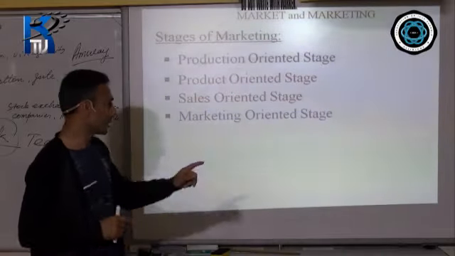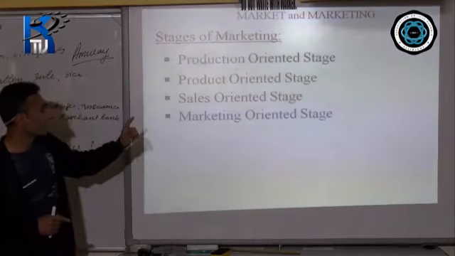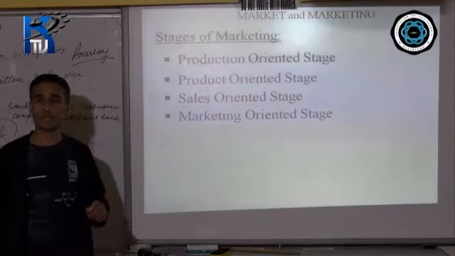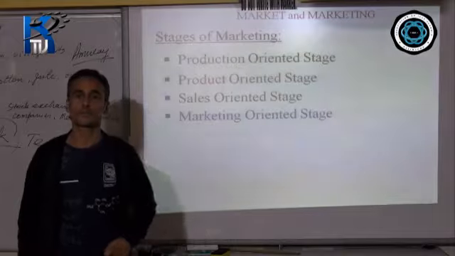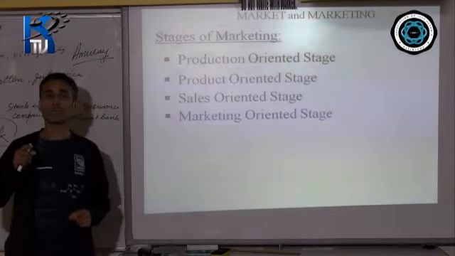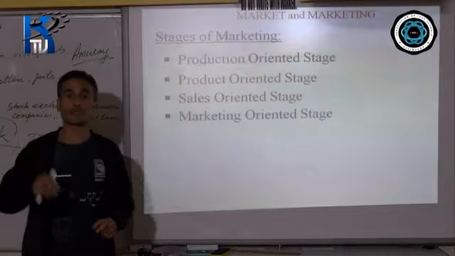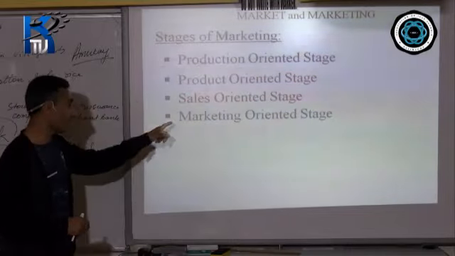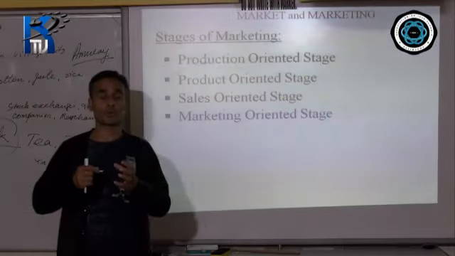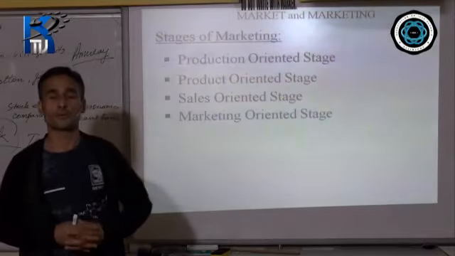Why? Because the manufacturers are giving due importance to the consumer's needs, likes, preferences. Products are produced as per the likes and wants of the consumer. So here the marketers carry out market research before the product is produced and brought into the market.